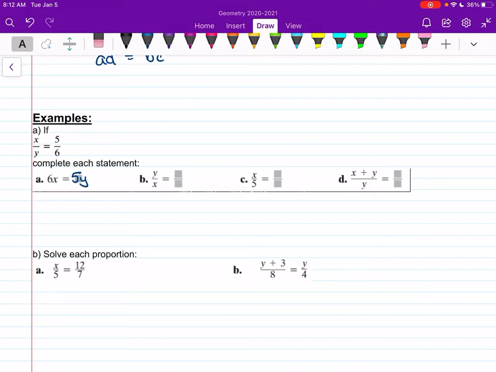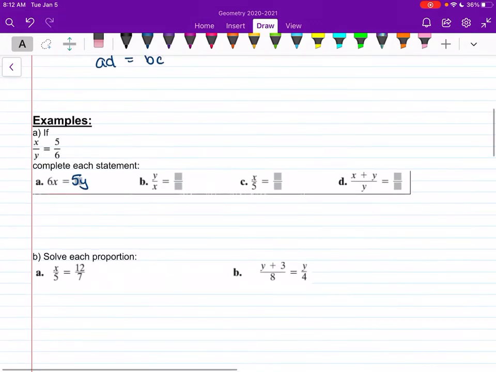So basically I flipped my first fraction, so I'm going to flip my second fraction. So I'm going to get 6 over 5. And I can check y and 5 are still across from each other, okay? And x and 6 are still across from each other. So that's a good way to quickly check your answers. And then the next one, I did the numerators as a fraction, so then I'm going to do the denominators as a fraction.